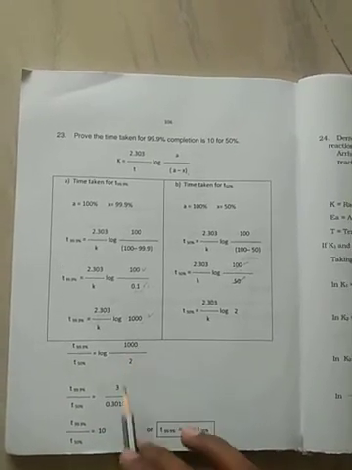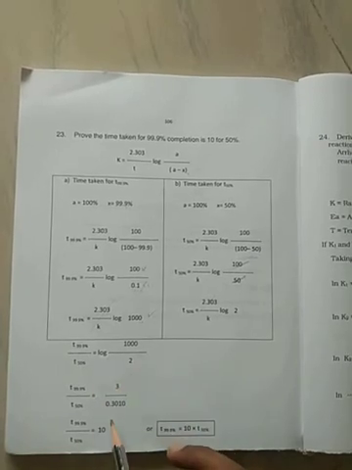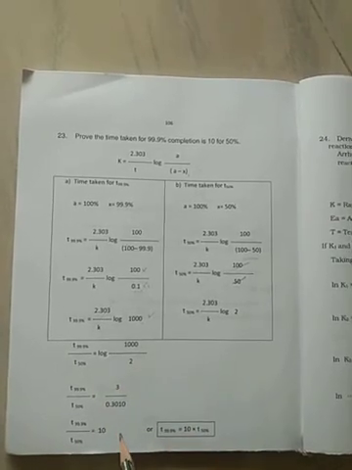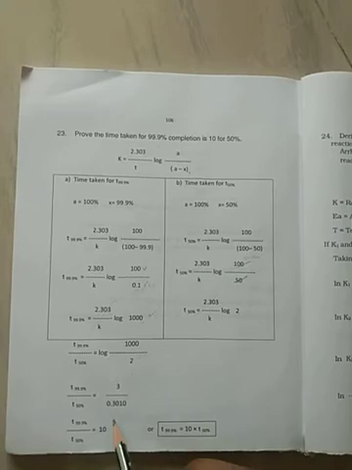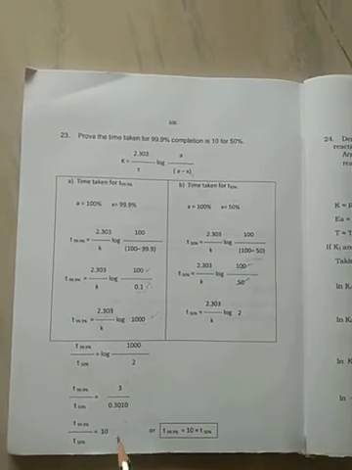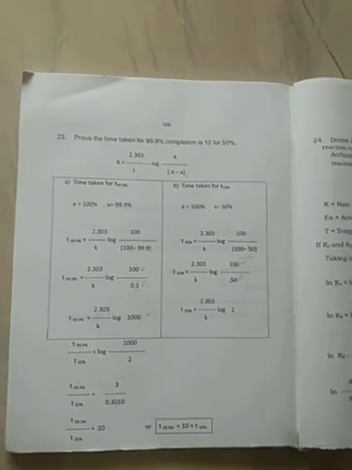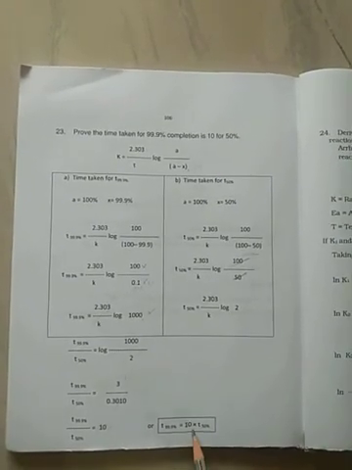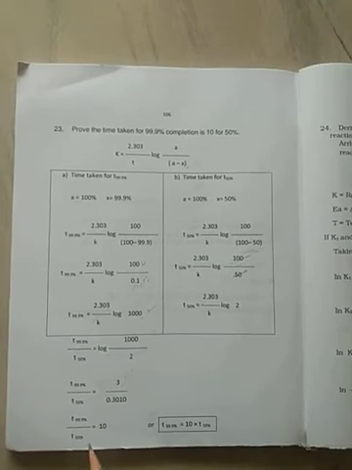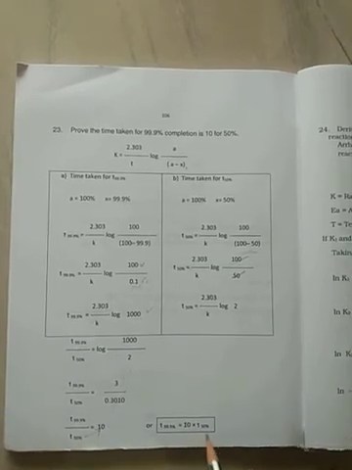The common terms cancel. Log 1000 value is 3, log 2 value is 0.3010. So it is about 10. So the time required for 99.9% completion equals 10 into T50, by cross multiply.